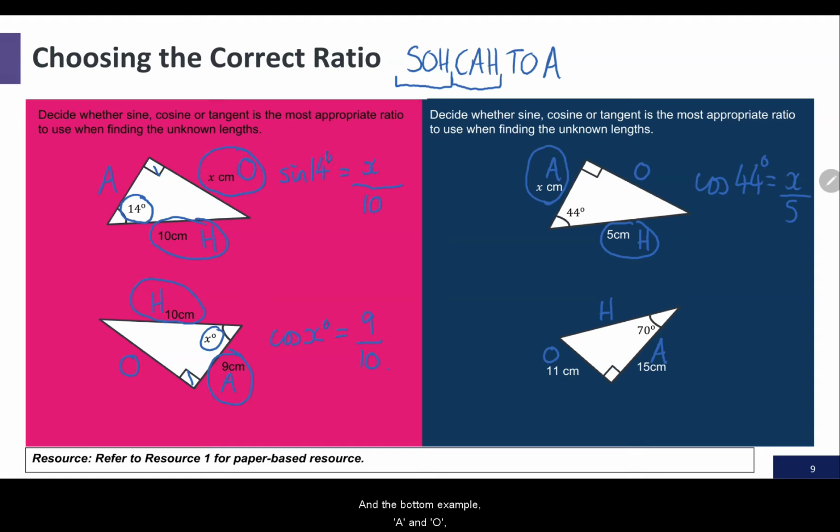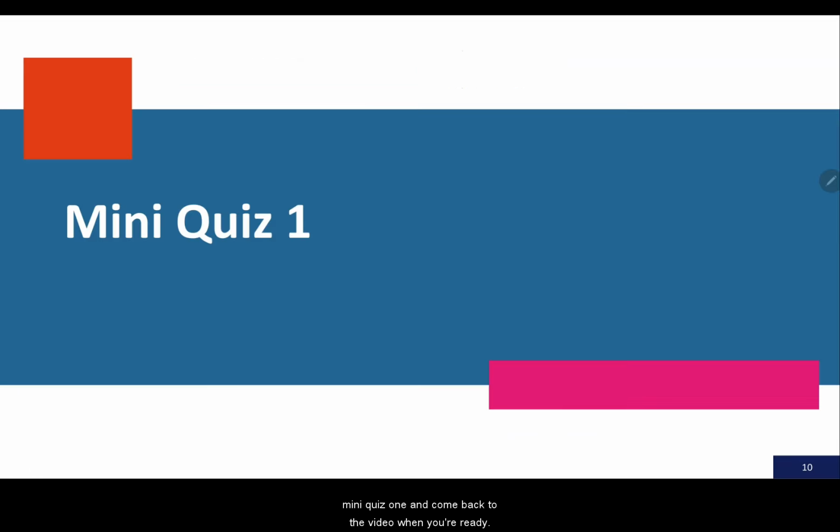And the bottom example, A and O, which is a TOA. Therefore, tan 70 is O divided by A. Have a go at mini quiz 1 and come back to the video when you're ready.